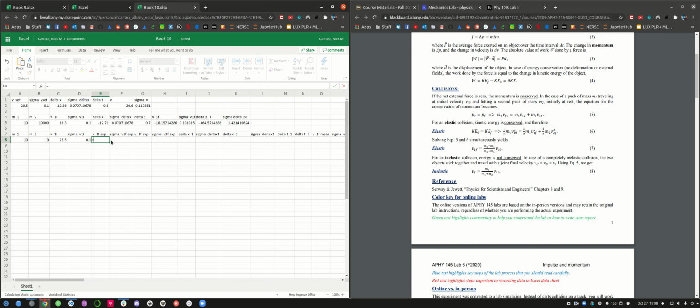And so if we plug this in, of course we're going to get 0 because the masses are the same, but I'll just plug it in anyway. It's going to be that times the initial velocity divided by the sum of the masses. Okay, so that's what we expect to get.